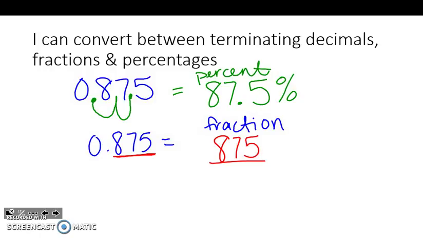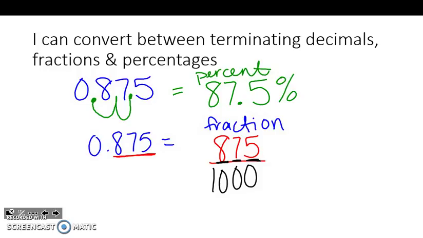So since 0.875, you're going to write down 875 since those are the numbers behind the decimal. And then on the bottom, you always start with the number 1. And then you're going to write down as many zeros as there are numbers on the top. So since there are 3 numbers on top, the 8, the 7, and the 5, you're going to write down 3 zeros on the bottom.